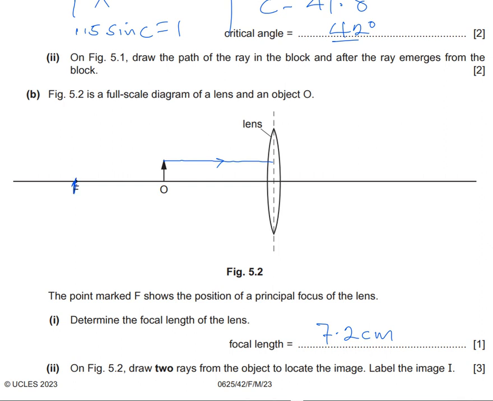This F is 7.2 centimeters. So measure and also put another F. So this is where this ray will pass.